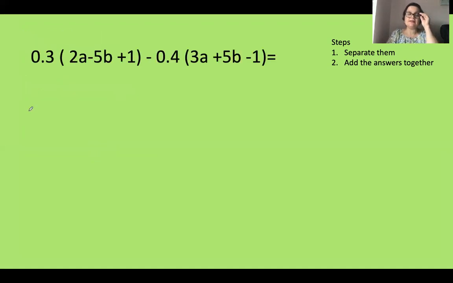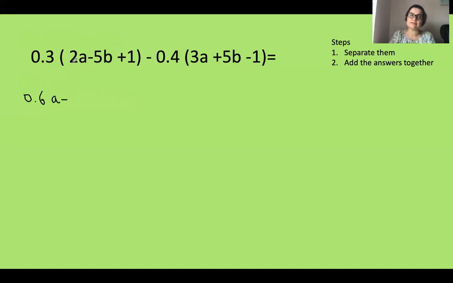Next one. In this case, the example is a lot longer, and we have included two brackets. You can carry the expansion down on both sides in one solution, or you can separate the brackets from each other. So let's try the first one first. 0.3 times 2a becomes 0.6a.